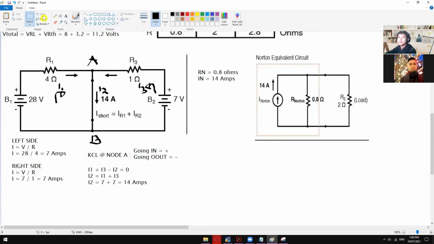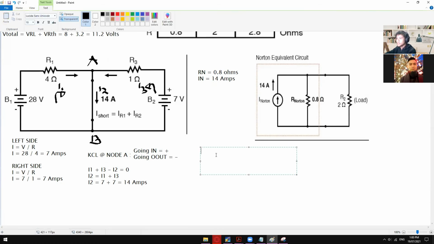So of course we can solve the R total. R total is equal to R Norton, Rn, in parallel with R load. So let me just copy and paste this one.